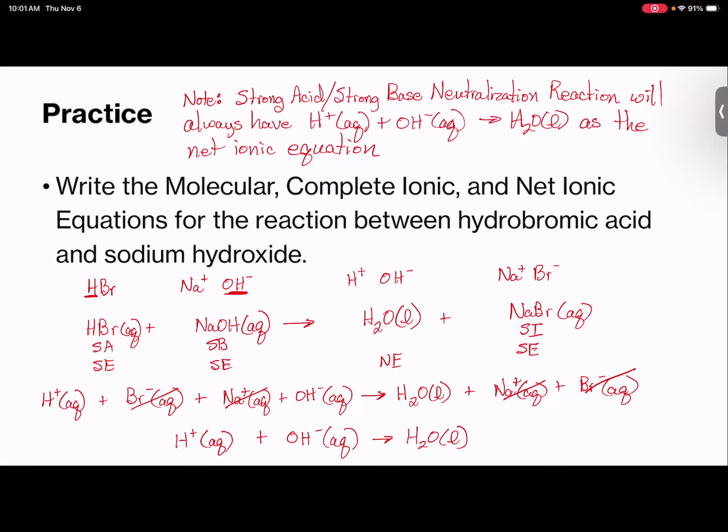As long as it's a strong acid and a strong base, this will be the net ionic equation for the neutralization reaction. It is only true for a strong acid and a strong base neutralization reaction.